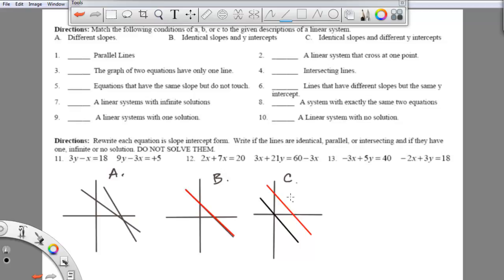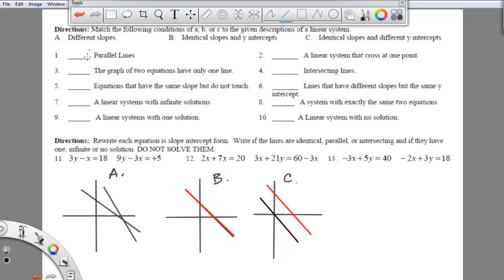This type would give us parallel lines. With understanding what these three conditions A, B, and C are talking about, we can go ahead and answer some of these questions. So make sure that when you do 1 through 10 and then 11 through 13, that you have these diagrams, you match them according to what we've got there, A, B, and C, and then you answer the questions.